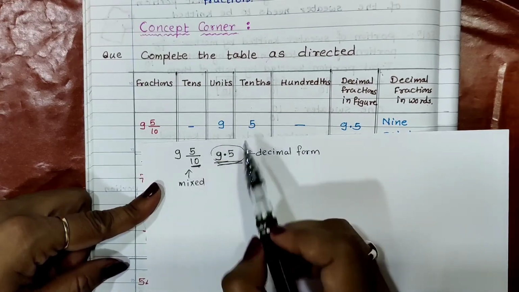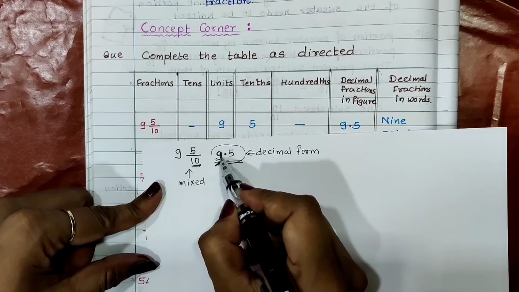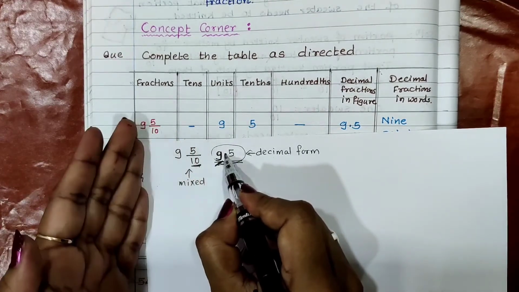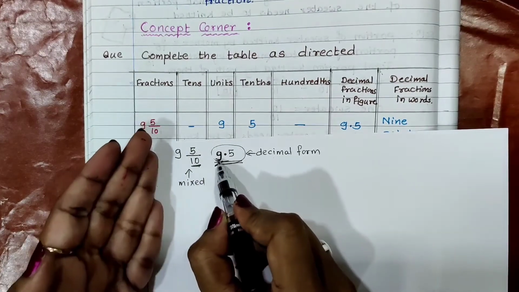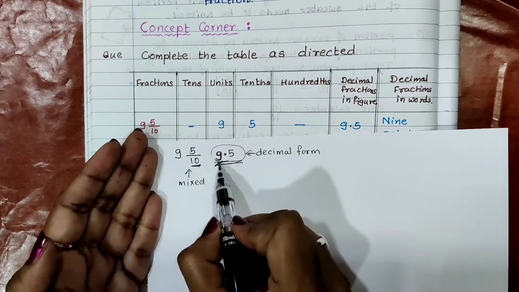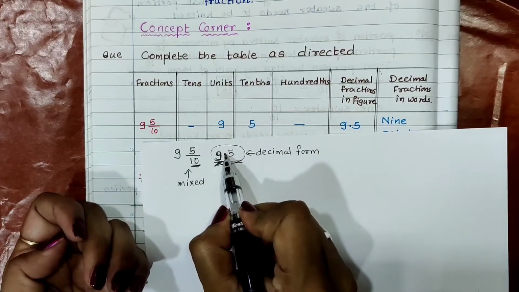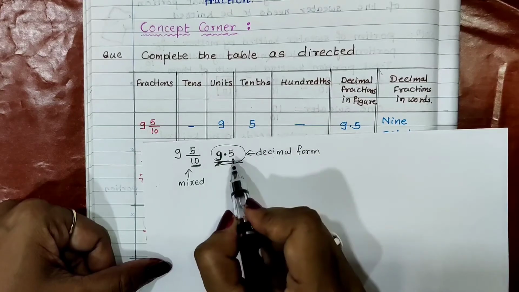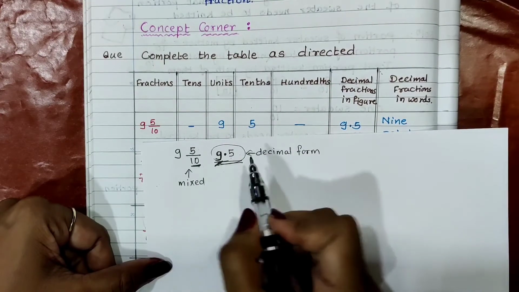So 9 is at the units place on the left hand side of the point. When we go from right to left, there will be unit, tens, hundreds, like that. And when we go from left to right on the right hand side of the decimal point, how to say it? Tenths, hundredths, thousandths, like that.